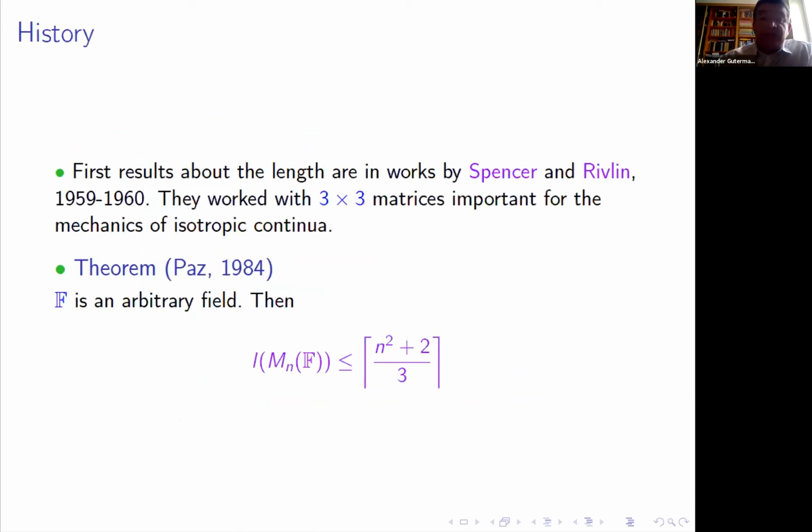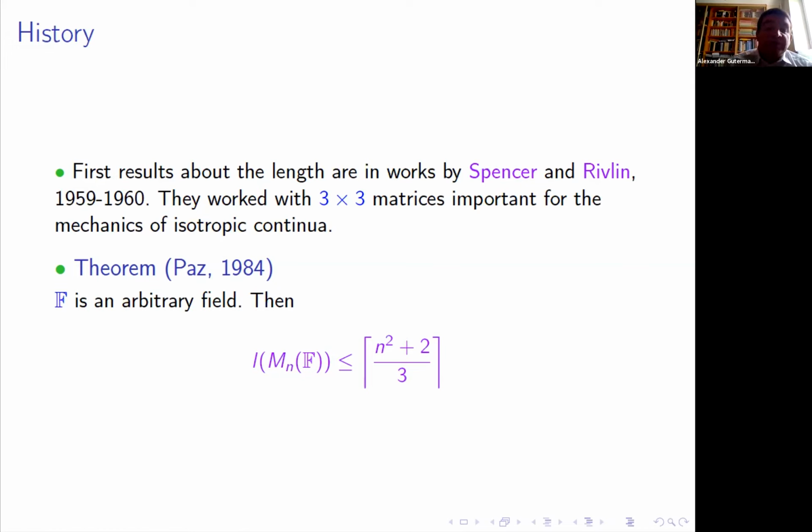And length was considered from the beginning of the 60s in the work on mechanics of isotropic continua. This was a paper by Spencer and Rivlin, who were trying to parameterize a certain mechanical problem using tensors, and computing those tensors, they arrived at the question of length computation for 3x3 matrices.